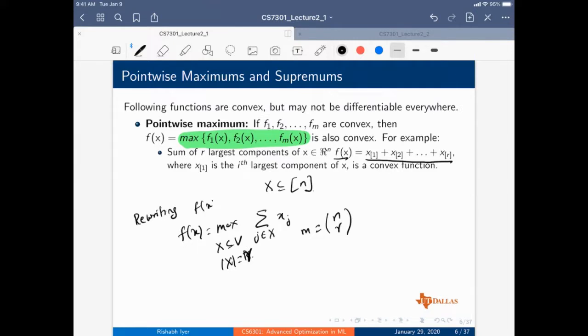So in some sense, I'm rewriting f(x), which is equal to x_[1] plus until x_[r], as the max of this. I'm transforming this function, the sum of the r largest components, into a pointwise maximum over a set of functions, and each of these functions is nothing but a linear function of this form. Does this help?